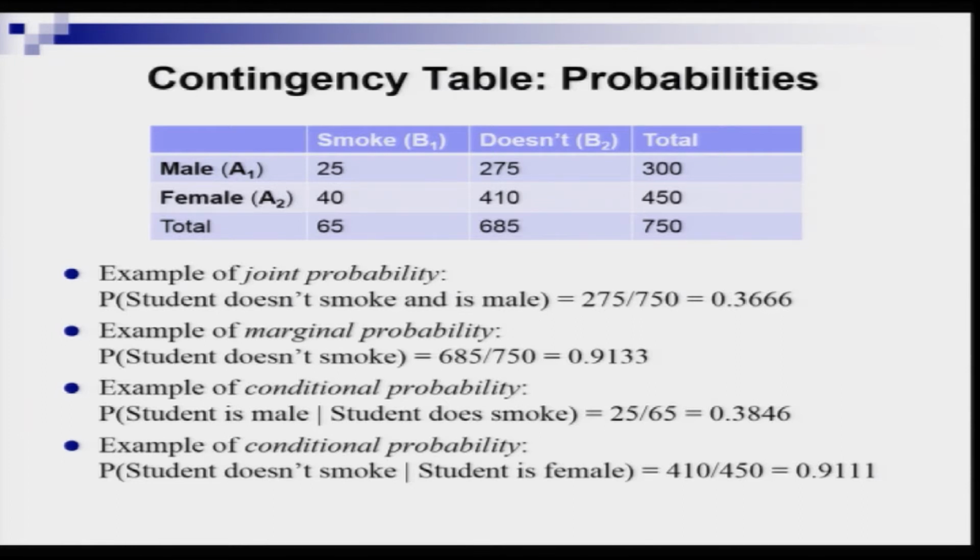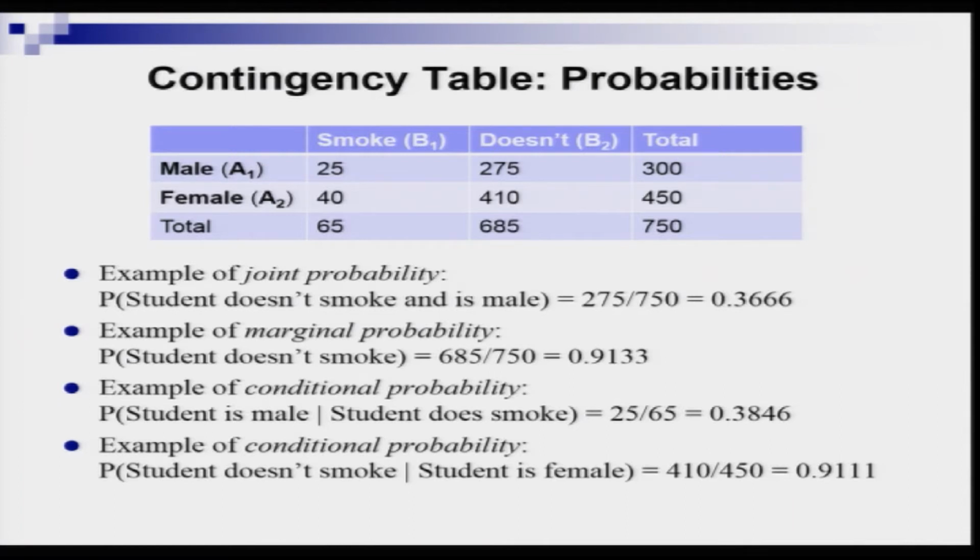Now we will talk about 4 examples. Let us start with an example of a joint probability. Given this contingency table, what is the probability that a student does not smoke and is male? Here we are talking about the joint occurrence of 2 events, which is A1, that is the male, and B2, that the student does not smoke.